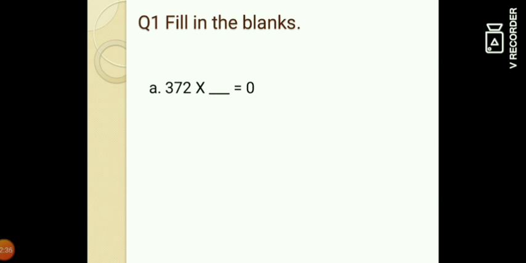It is the multiplicative property of 0. So, 372 will be multiplied by 0. Correct. So that we can get the answer 0. So, we have learned that if a number is multiplied by 0, we will get the answer 0.